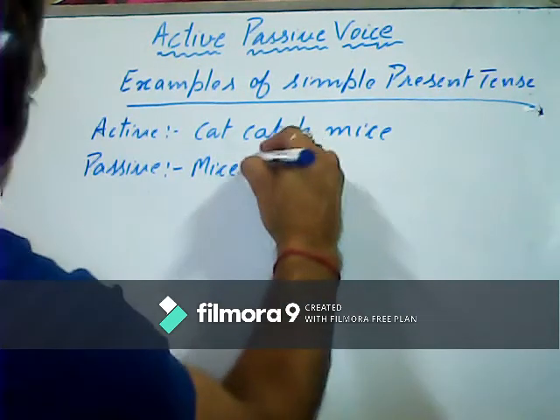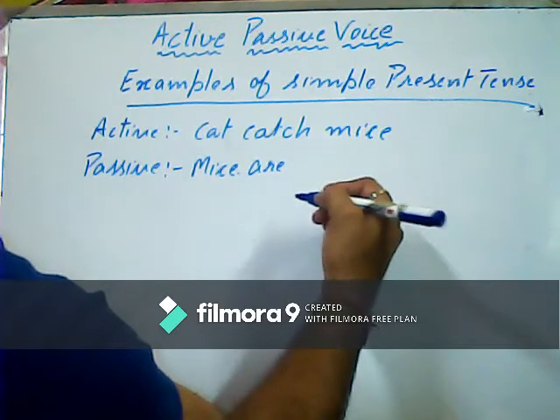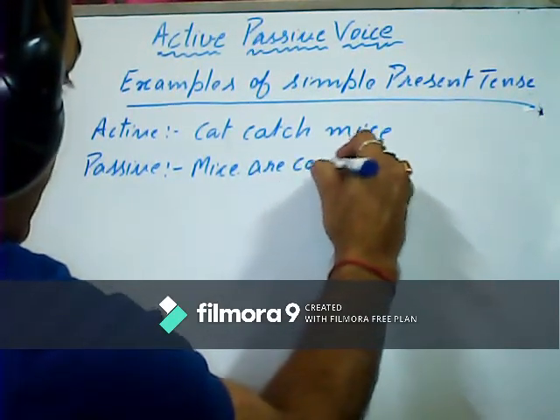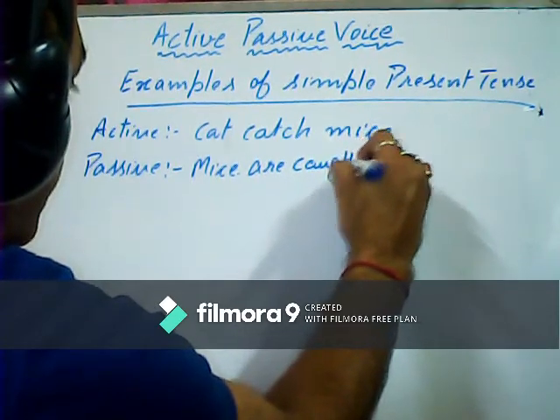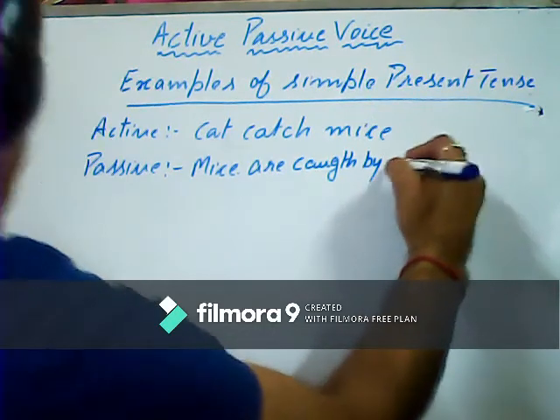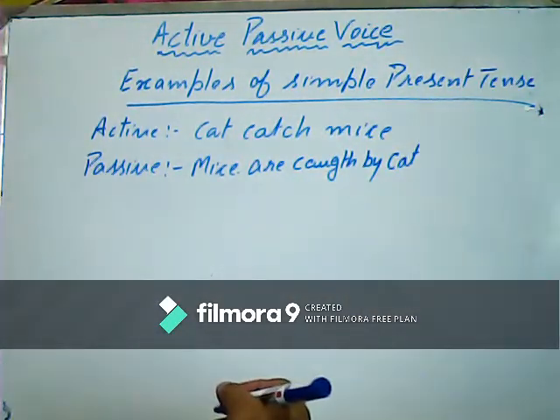Mice are, because it is plural we'll use are. Mice are, third form of the verb catch is caught by cats, by cat. Okay.